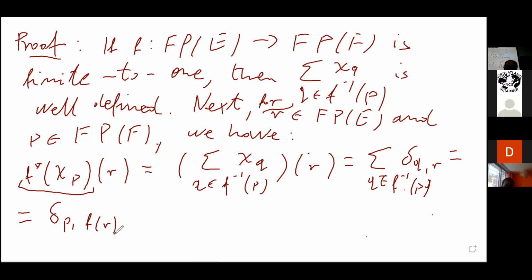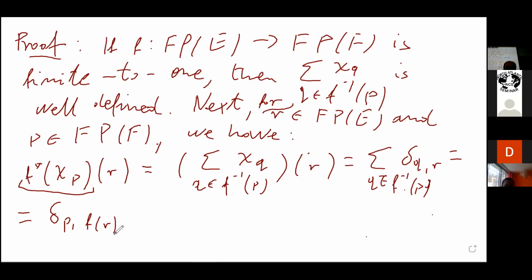Well, let's see why. If F of R is not equal to P, this means that R is not in the preimage of P, which means that Q is always different from R, and then this should be 0. Okay, so the 0 case agrees.